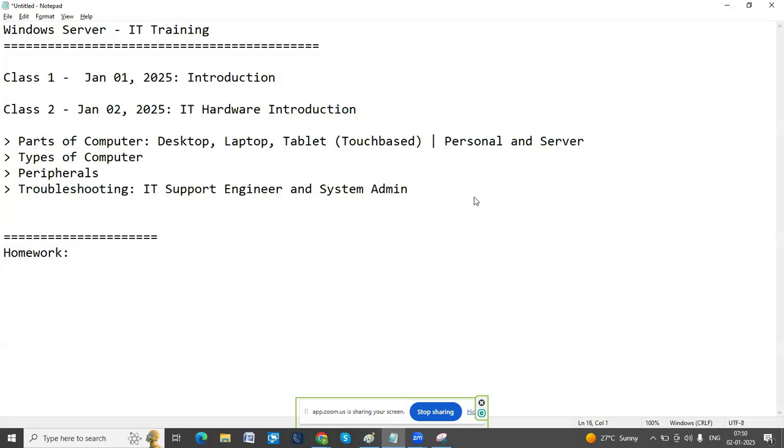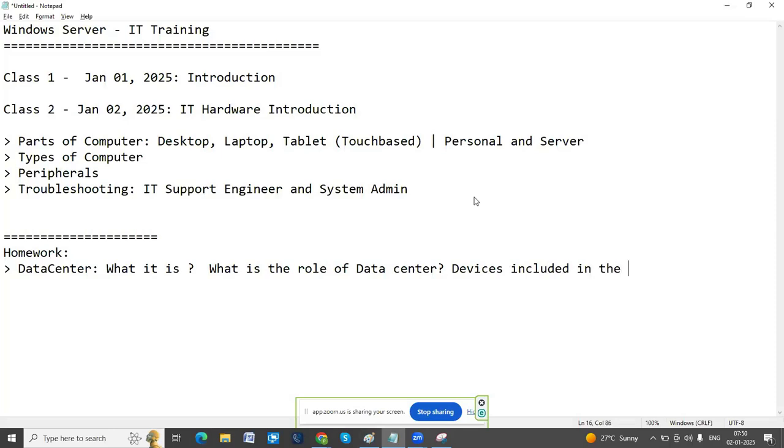You have to come up with it tomorrow. What do you mean by data center? What is it? What is the role of the data center? Google it, but at least you learn it. What are the components, the devices included in the data center?